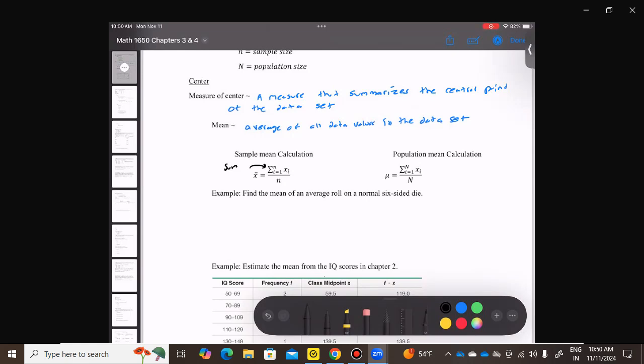So this is total data value sum over total number of data values. So that's for the sample. This is basically the same meaning. This is for the population.